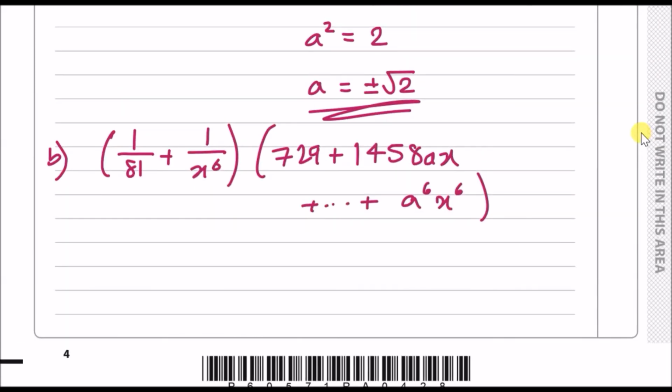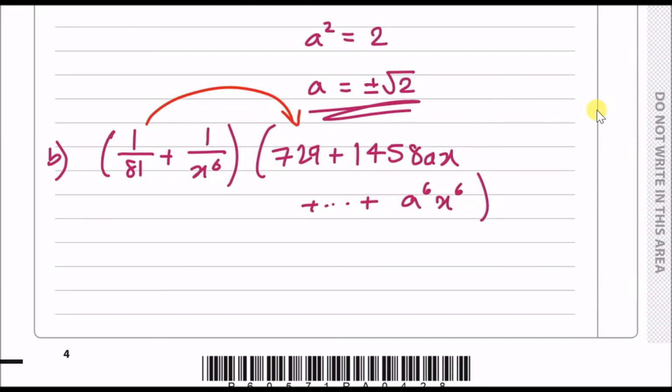Now, using the normal expansion method, we'd have to multiply term by term: 1 over 81 times this, and 1 over 81 times the next one, and so on. But we're not going to do that. Instead, we multiply 1 over 81 with 729 only, because multiplying it with every other term gives us an x.